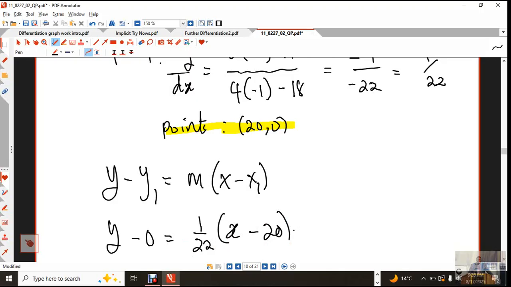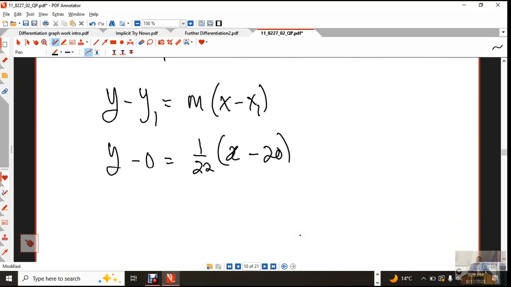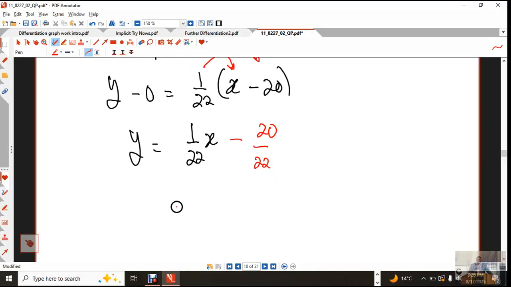So this is already the answer, but let us just clean this up and write it in y equals mx plus c form. Multiplying out, distributing, we get minus 20 over 22. We can clean it up a bit, so it's going to be y equals 1/22 of x minus 10/11.